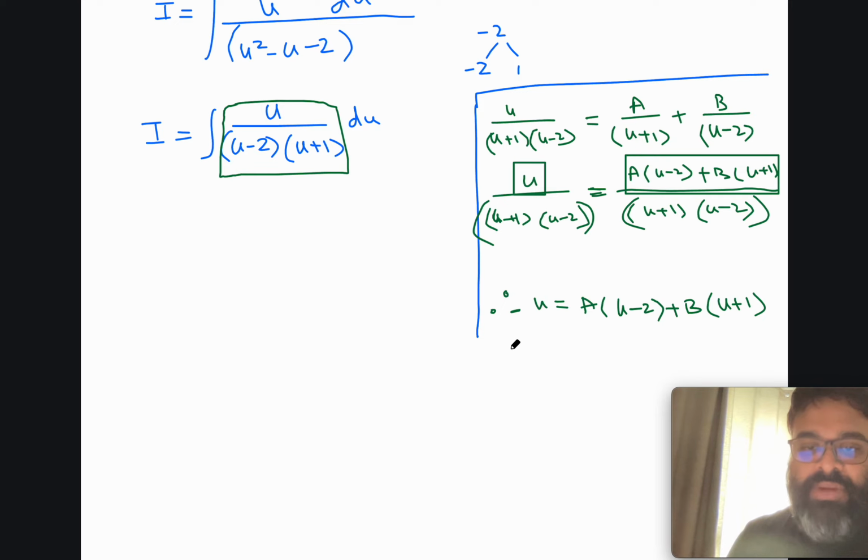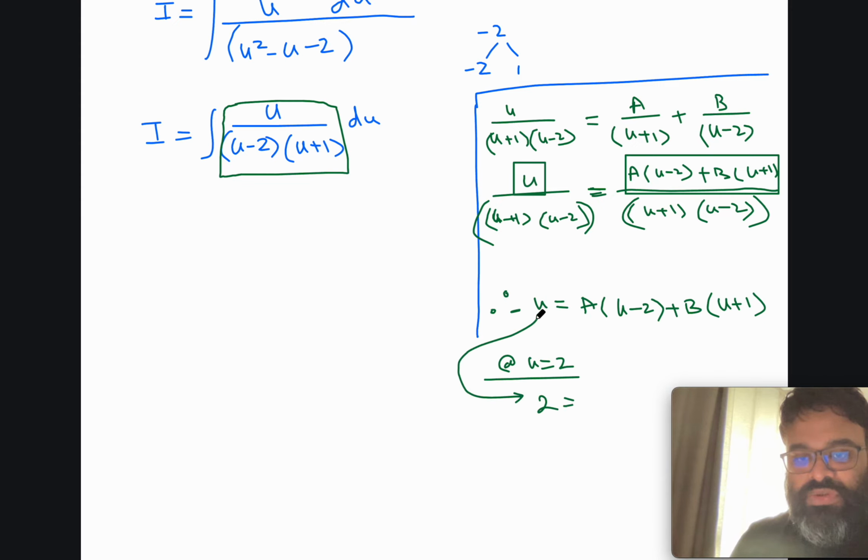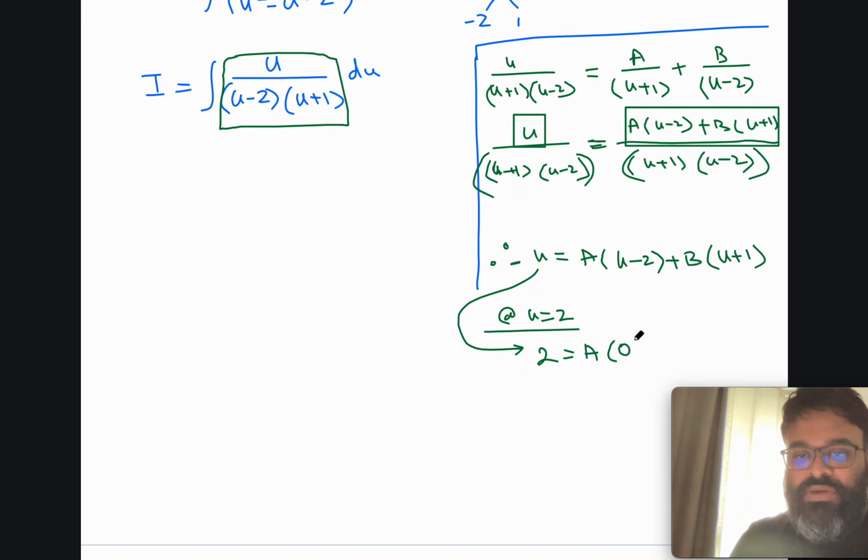Now you can plug in some values, say u equals 2. What happens? The a term is 2 times 2 minus 2, which is 0, and the b term is b times 2 plus 1, which is 3. So 3b is equal to 2, and b is equal to 2 by 3.